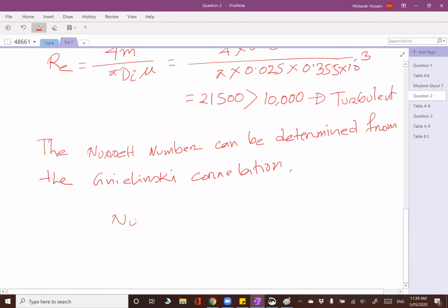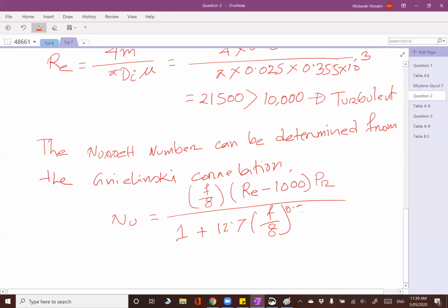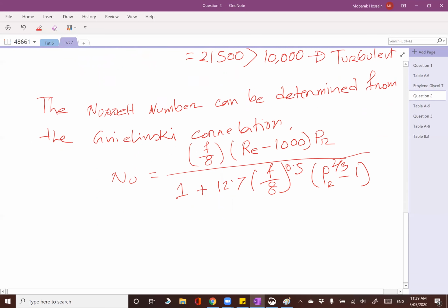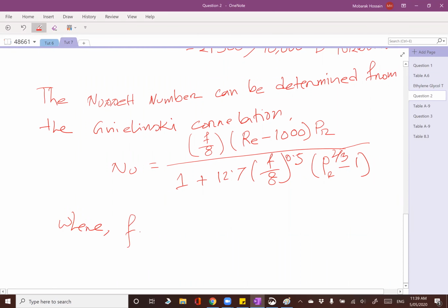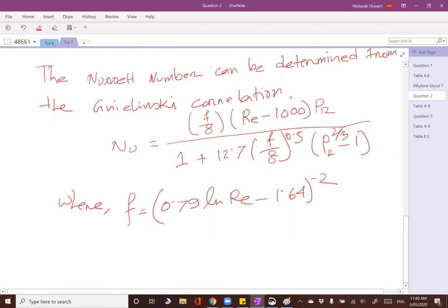This formula is Nusselt number equals (f/8) times (Reynolds number minus 1000) times Prandtl number, divided by 1 plus 12.7 times (f/8)^0.5 times (Prandtl number^(2/3) minus 1), where f equals (0.79 ln(Reynolds number) minus 1.64) to the power negative 2. This is the equation.